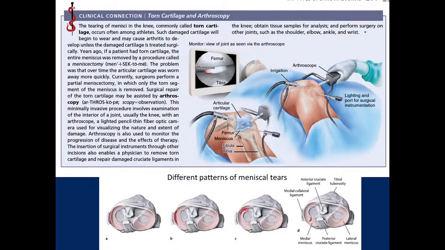Here you see the meniscus in the knee joint, and sometimes we have a trauma and some injuries of that anatomical structure, and below we see the injured menisci, and it causes a problem for the patient.